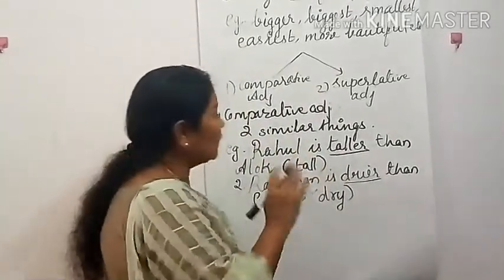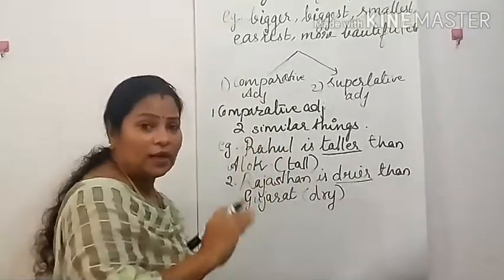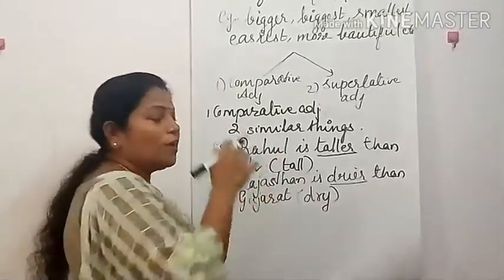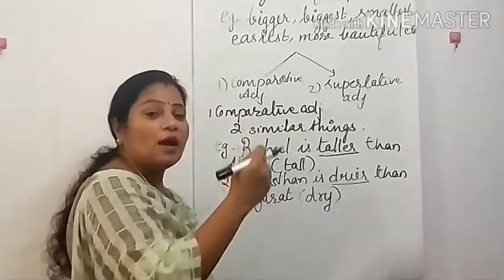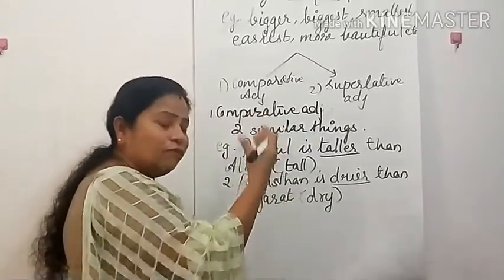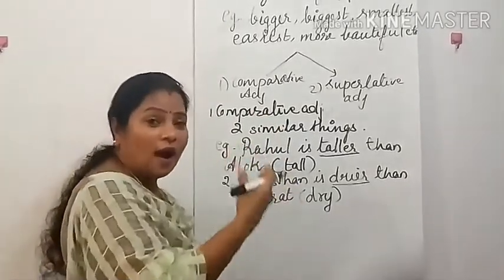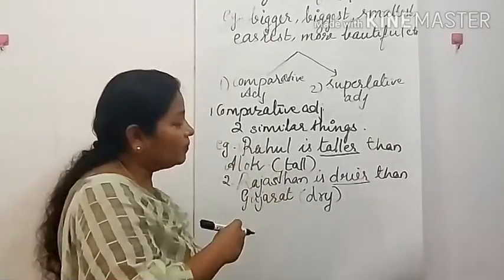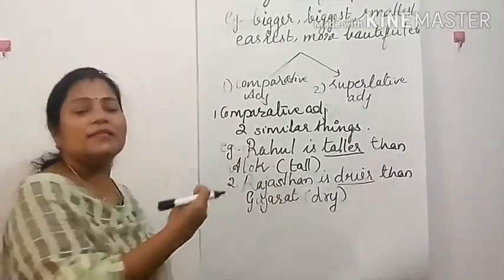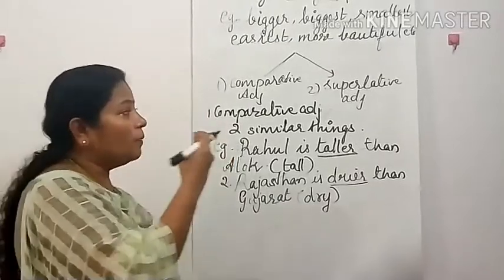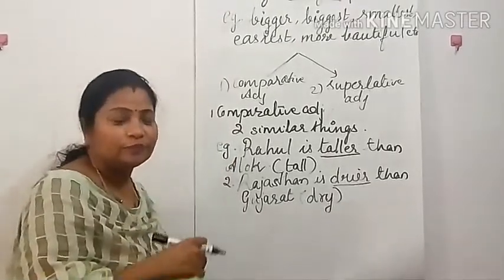So that's regarding comparative adjective. In comparative adjective, the spelling is as follows: with the adjective word, you can add r or er.